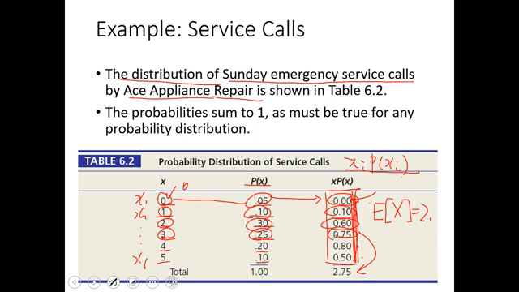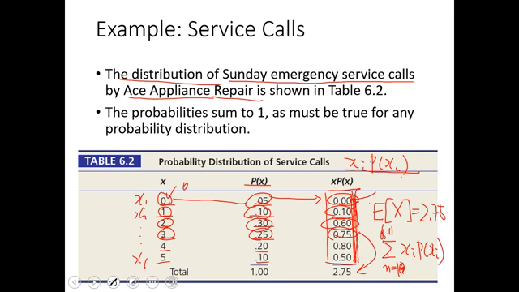The mean of X is 2.75 because the mean of X is the summation, with i from 1 to 6, of xi times probability of xi.